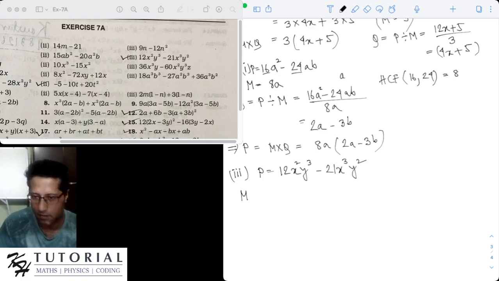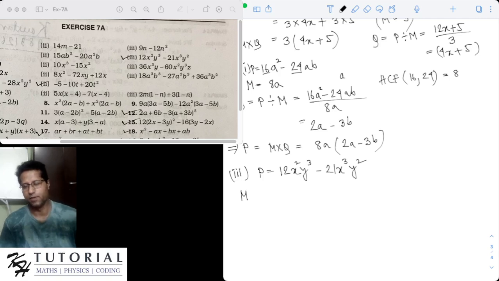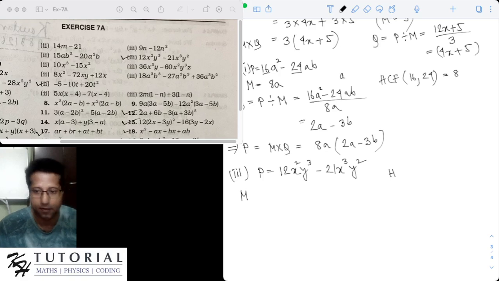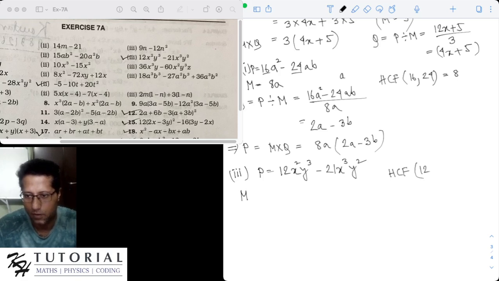I can clearly see that all the terms have a common factor because all the terms have the variables x and y, and both the coefficients of the terms will have some common factor. The coefficient of the first term is 12, the coefficient of the second term is 21, and I have to find the HCF between 12 and 21, which I guess is 3.